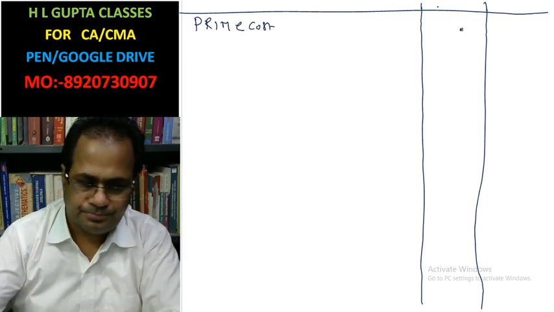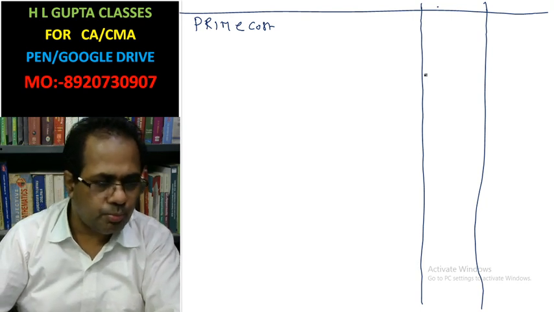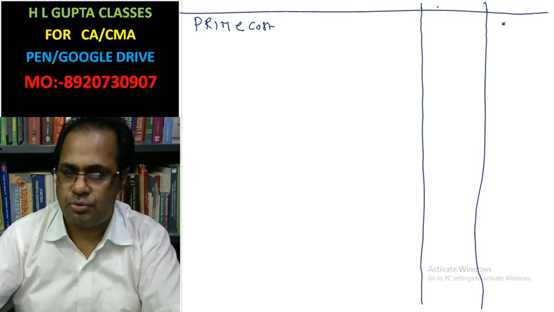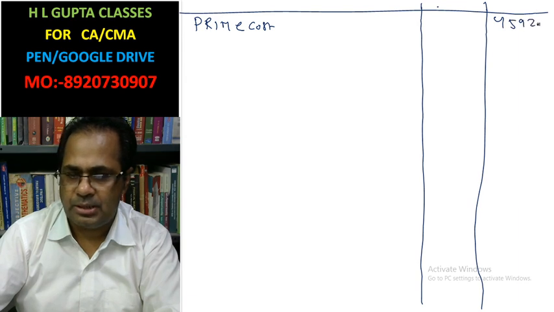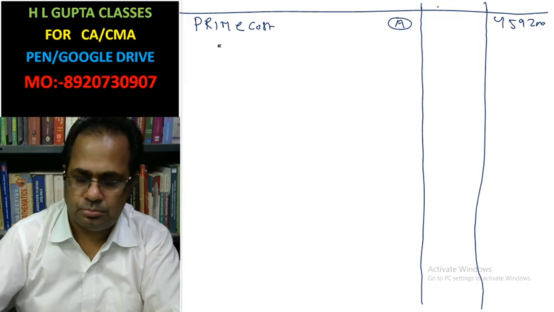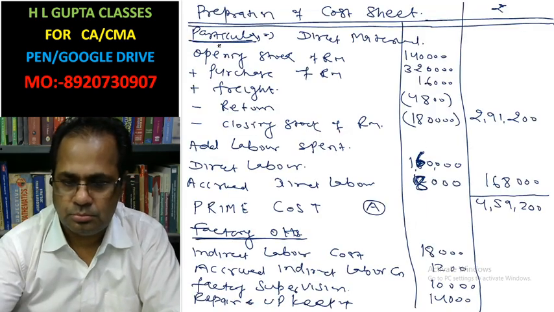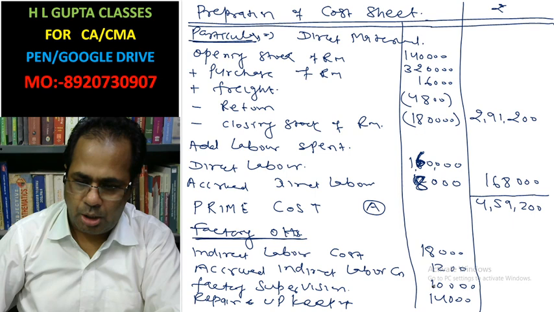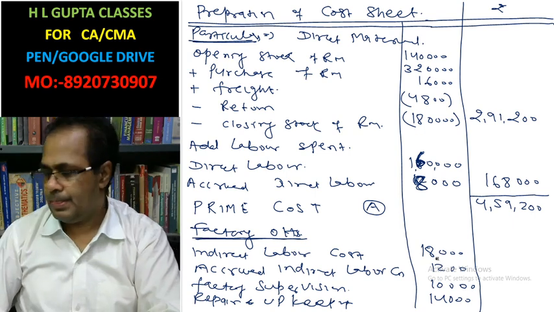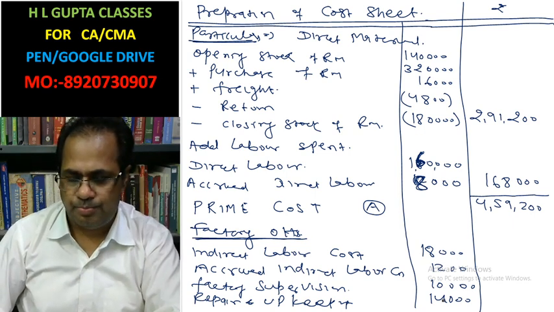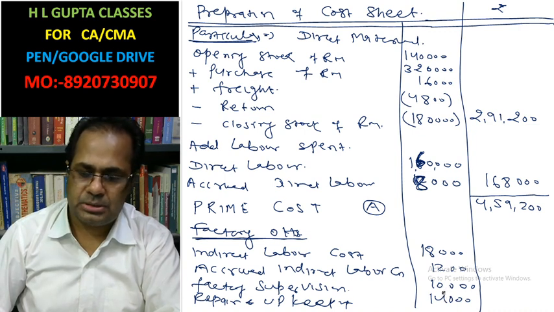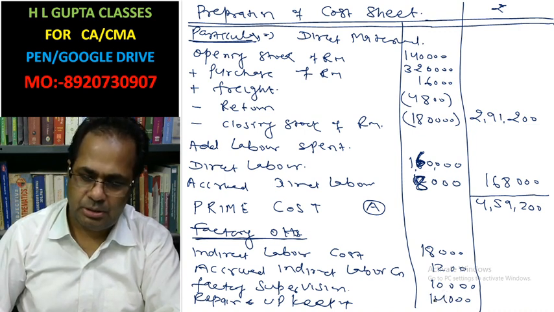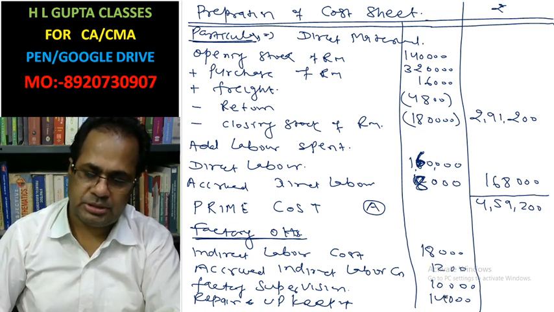Prime cost was 4,59,200. This is your A. Up to here, 18,000 plus 10,000, 28,000, and this is 14,000. This is 42,000, 43,200.